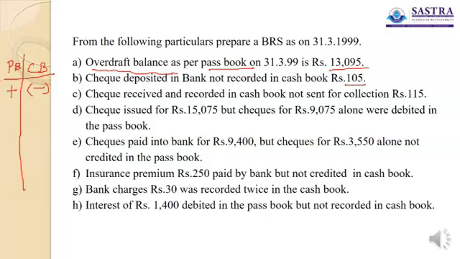The next item is check received and recorded in cash book, not sent for collection. Check received, recorded as a receipt in the cash book, increases the cash book's balance. Whereas not sent for collection: once you received it, you should have remitted the same checks to your account with the banker.